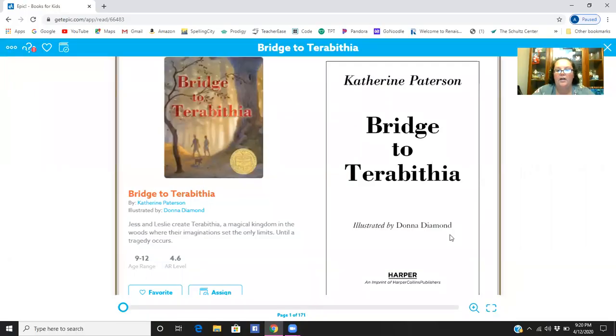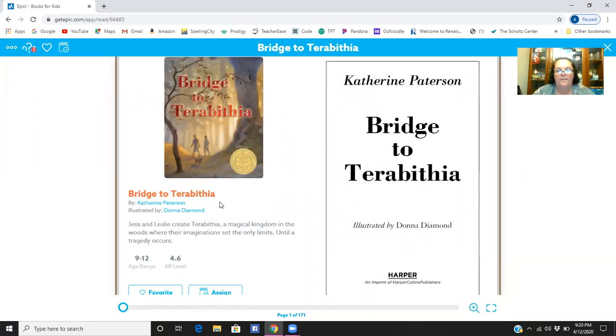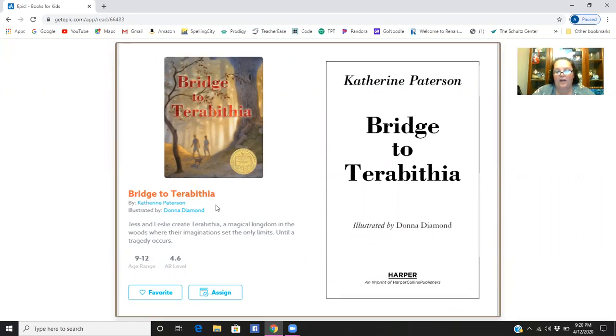So, looking at our book, and I've pulled the book up on Epic because it's available on Epic to you. Bridge to Terabithia. It's by Catherine Patterson, illustrated by Donna Diamond. And remember, illustrated means Donna Diamond drew the pictures in the story, but the author is Catherine Patterson. She wrote the story.